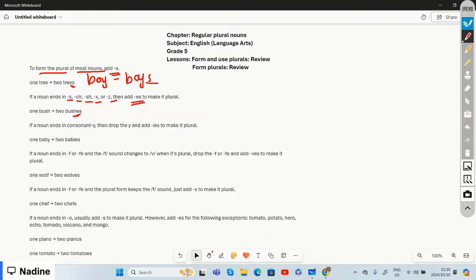If our word were to end in CH, we made an example of church. One church, two or more churches. And we added an ES.